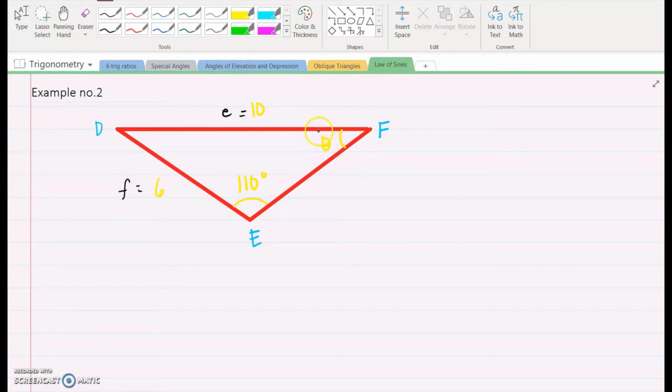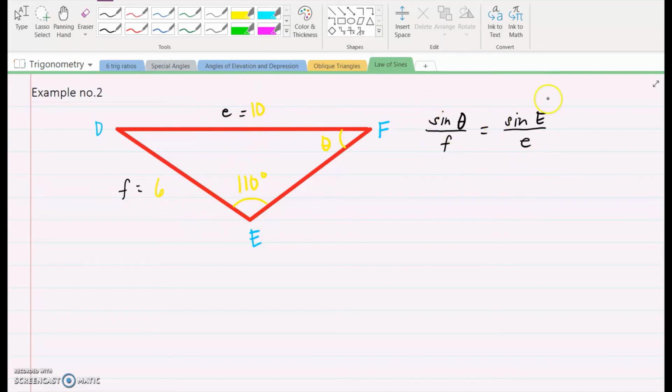Using the law of sines, we know that the law of sines here will be sine theta over the opposite of this angle, which is F, equal to sine E over E. Notice here that the given is 2 sides and an angle that is opposite one of the sides.